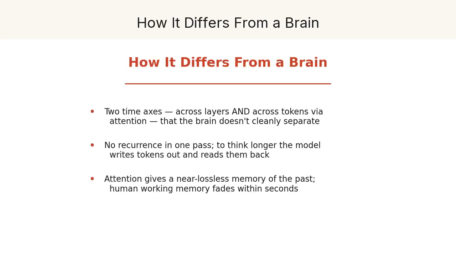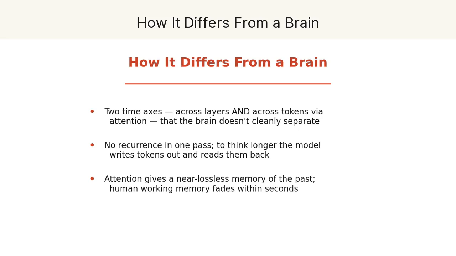We should also resist collapsing the model's workspace into the human one, because the architectures genuinely differ. A transformer processes along two axes, down through its layers and sideways across tokens through attention. The brain doesn't split those functions so cleanly.